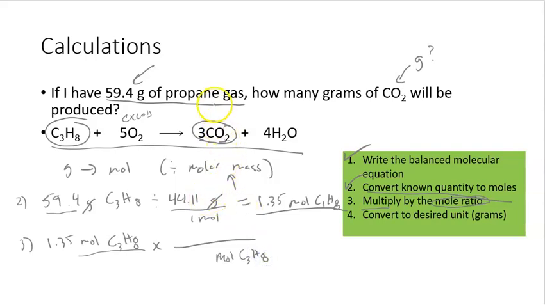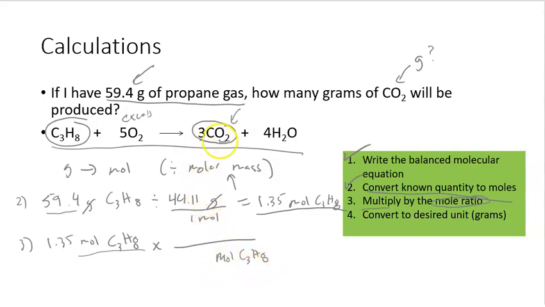All right, and whatever we're trying to calculate for in the reaction is going to go on top. So in this case, I know I have 1.35 moles of propane because I just did that calculation, right? So whatever I know I have goes on bottom. So moles of C3H8 on the bottom.